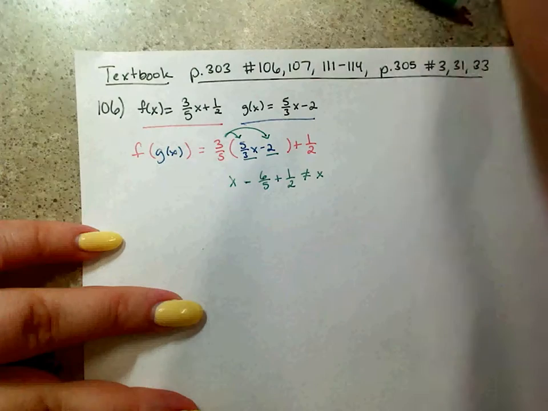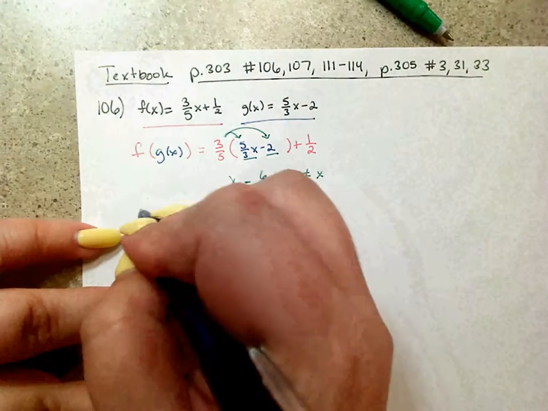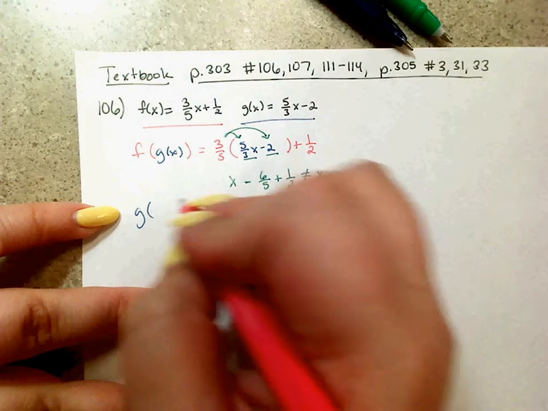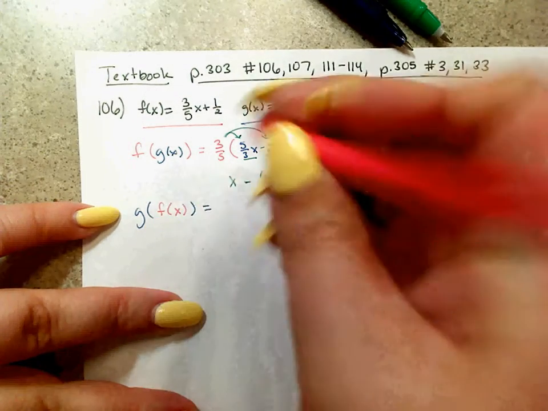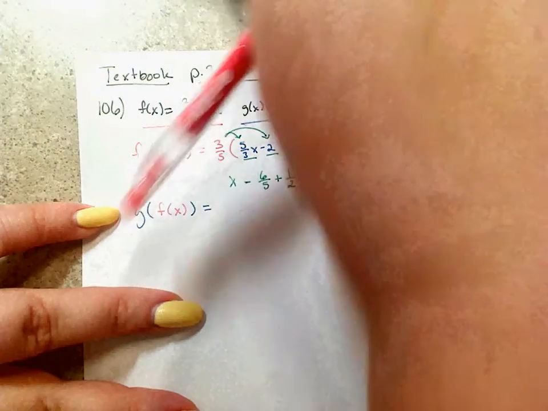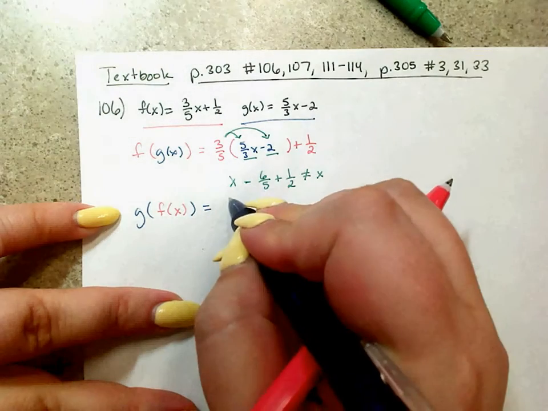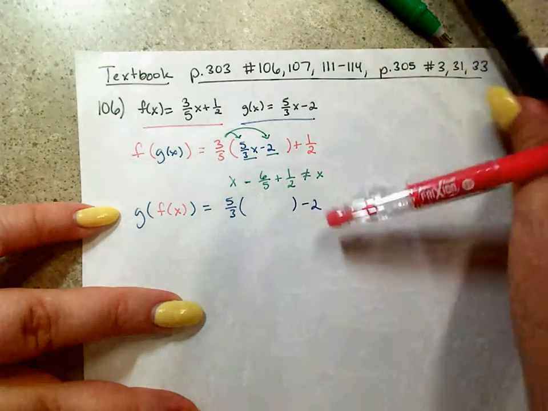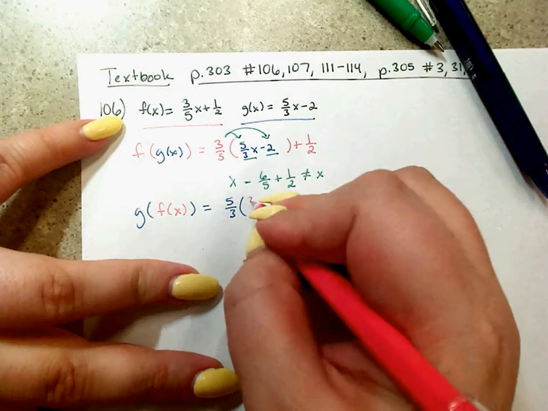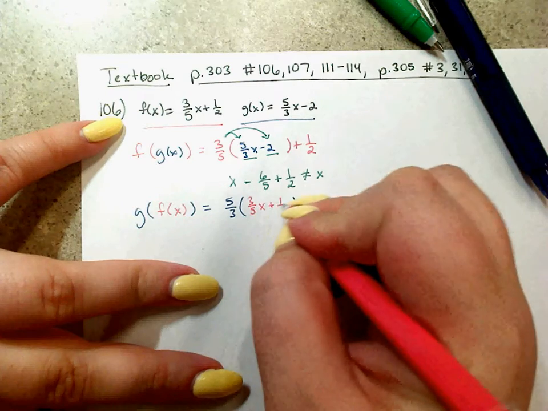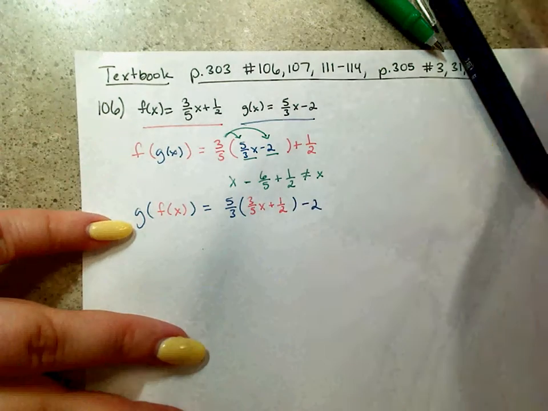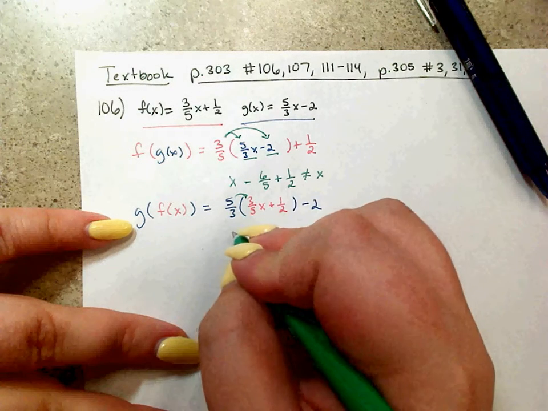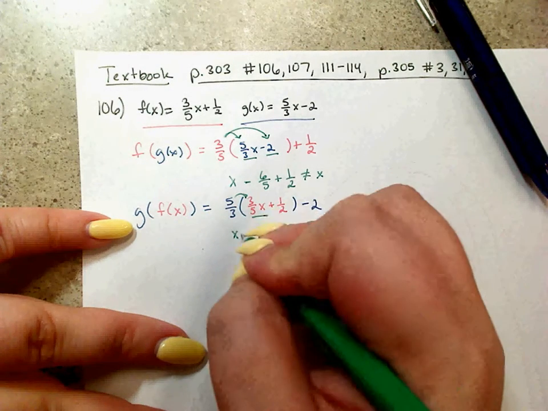I'm going to go ahead and do what the book is asking me to do and do both, because like I told you before, they tend to require both in order to prove. So we'd start with the outer function g, which is 5/3 times something minus 2. And that something is f of x, which is 3/5 x plus 1/2. So if we distribute the 5/3, 5/3 times 3/5 is again 15/15 x, so x.